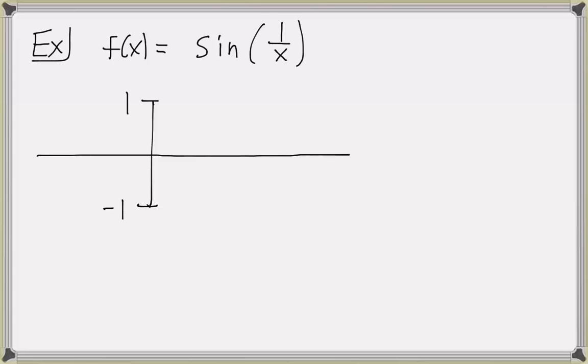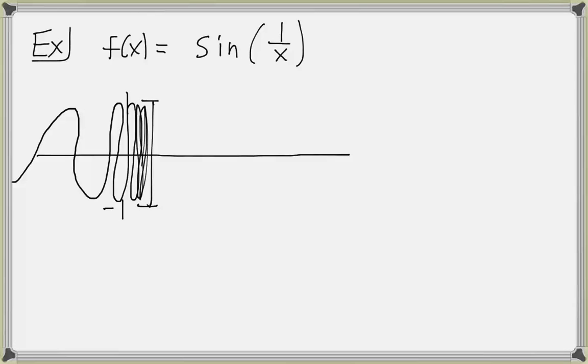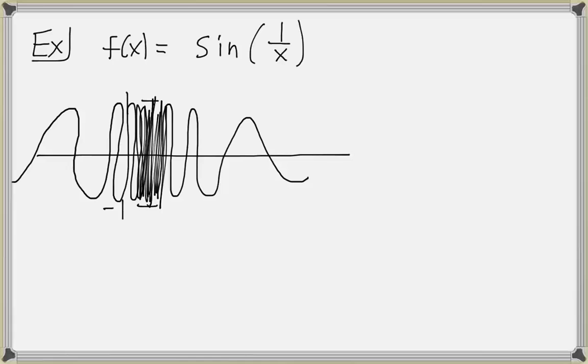So you might have some kind of wave going on here, and then as x gets closer and closer to 0, you just get this wave pattern that oscillates so much on either side of 0, and the wave continues on either side. So what's happened is the function is oscillating an infinite number of times as x gets really, really close to 0.